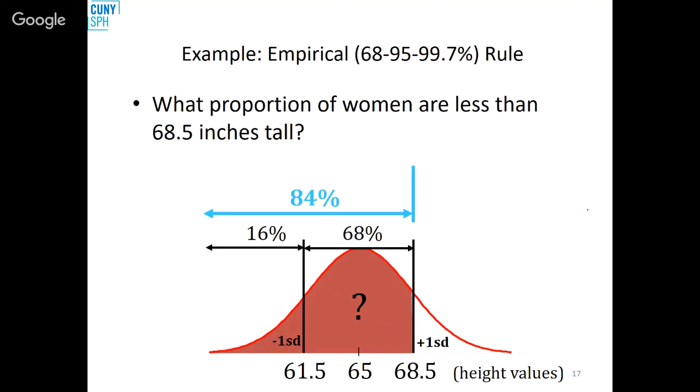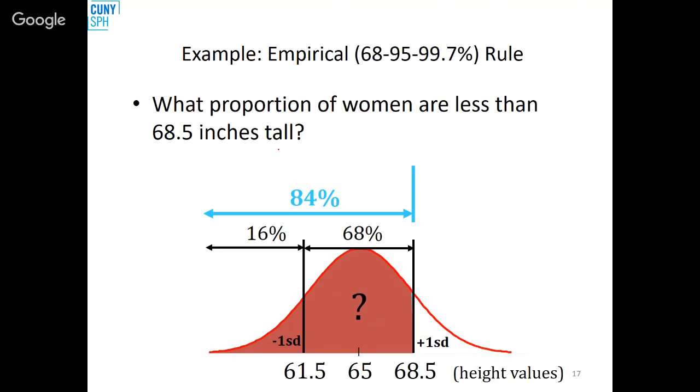So the symmetric calculations with the empirical rule are easiest, but what about asymmetric ones where you want the area to one side or the other all the way to the other end of the distribution?